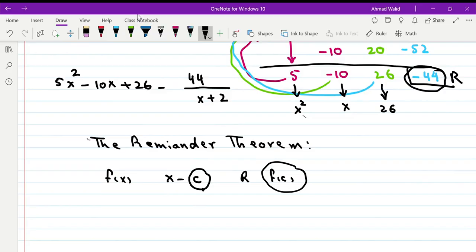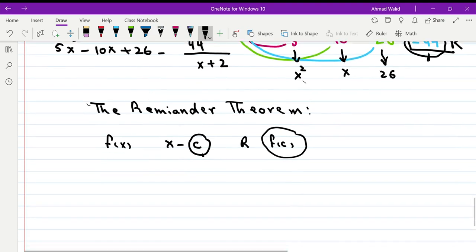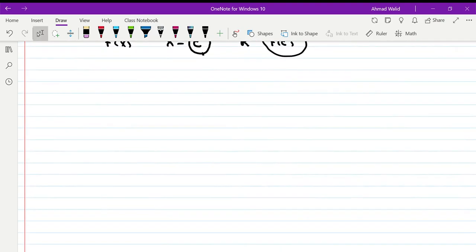That gives you exactly the remainder. That's why we call this theorem the remainder theorem. I'll show you an example that this remainder theorem works very well.